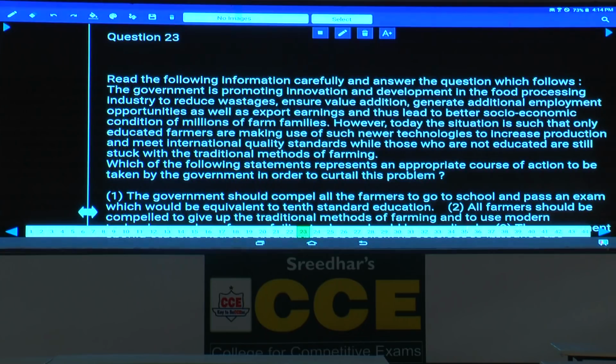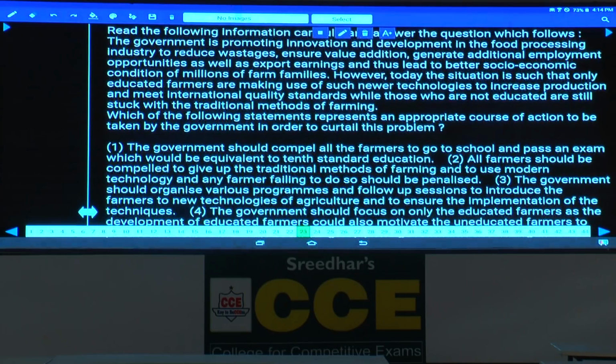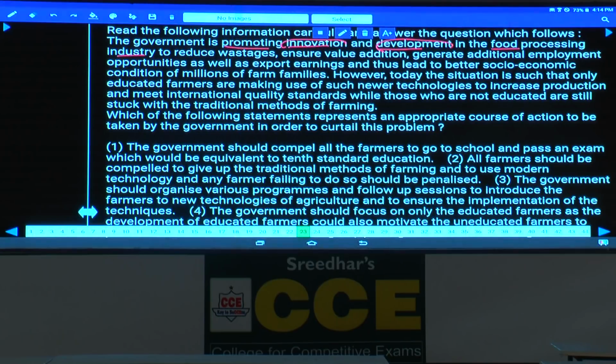Then the 23rd. Now, in this 23, the government is promoting. What is this government doing here? The government is promoting innovation and development in the food processing industry. And what is the main objective behind this?